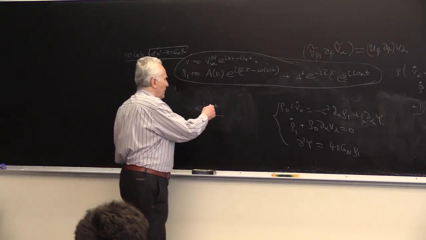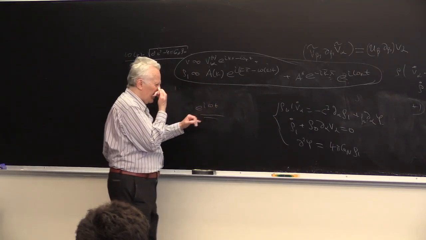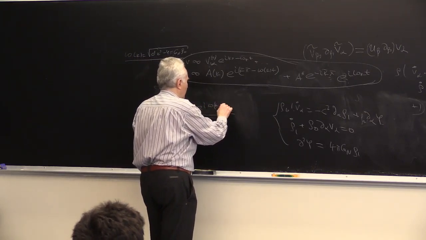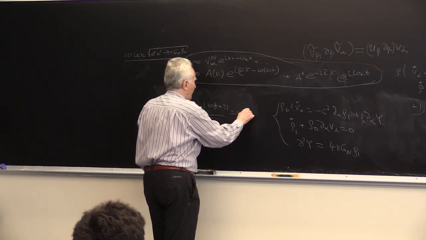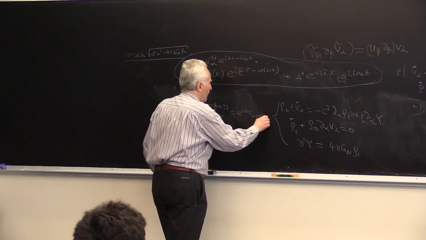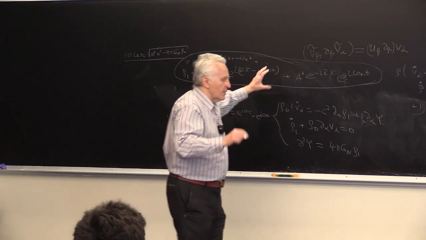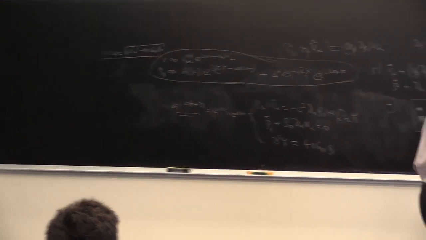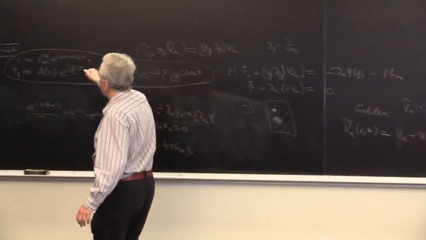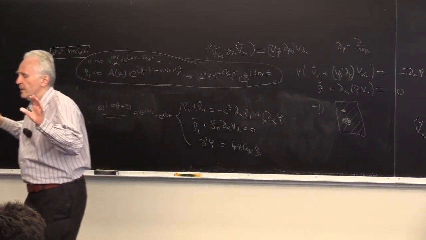And indeed, if you just translate time, you get an overall coefficient, which is just an arbitrary constant. It's always the case with translation symmetry, be it in time or in space. These exponentials here are a result of the spatial translation invariance that we discussed.